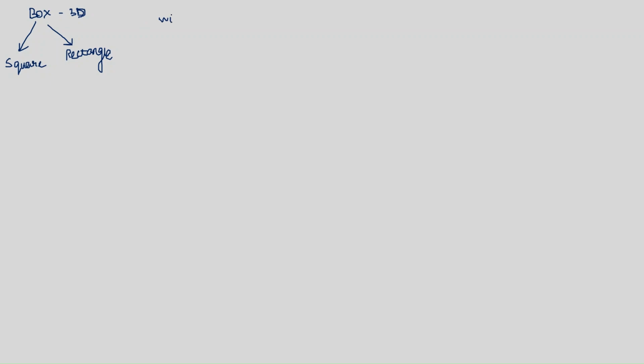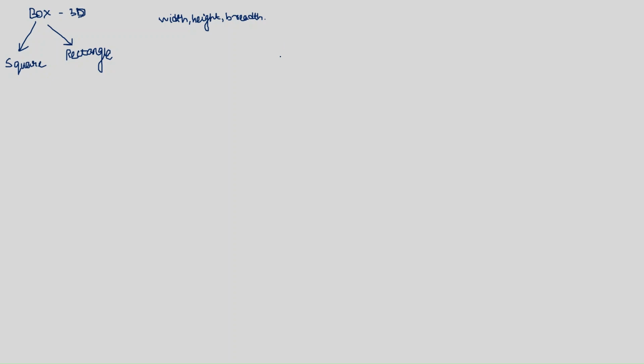So for 3D objects, we have width, we have height, and we also have breadth. Okay, so these three parameters are there for any kind of a 3D box, and a 3D box which is made of six squares, means a cube, and same for the rectangle, it's a cuboid.